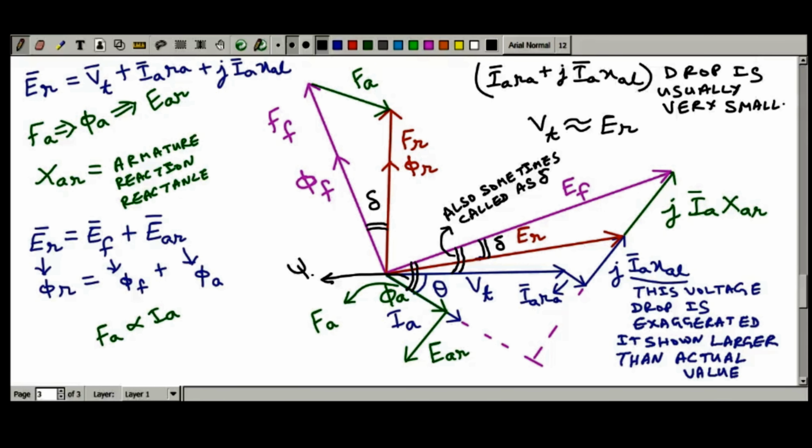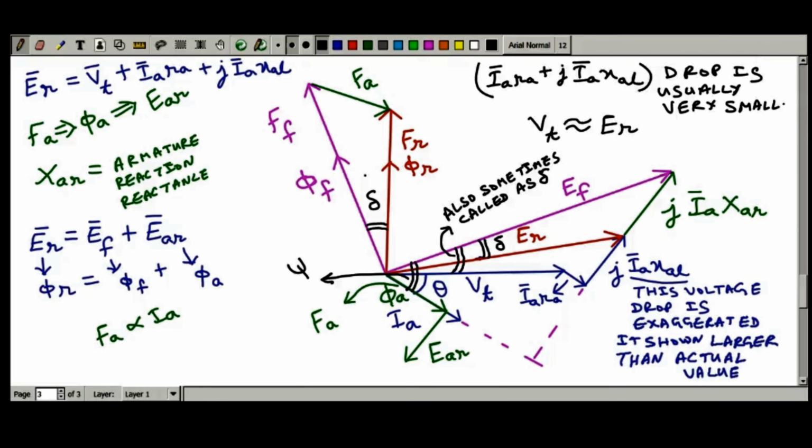Now usually in most of the numerical problems of synchronous machines, or in particular the numerical problems of synchronous generator, the MMFs are not needed that much. FF, FA, FR are usually not needed.